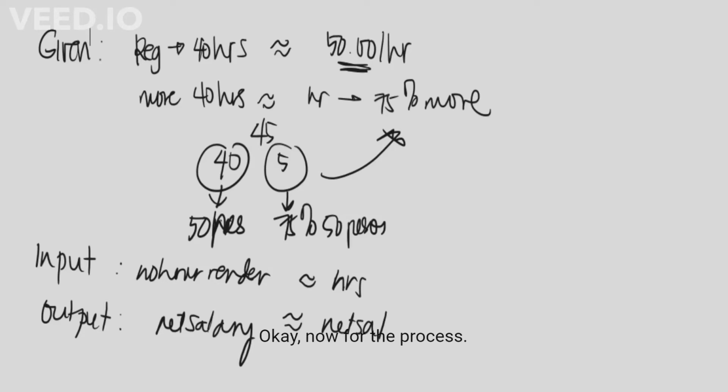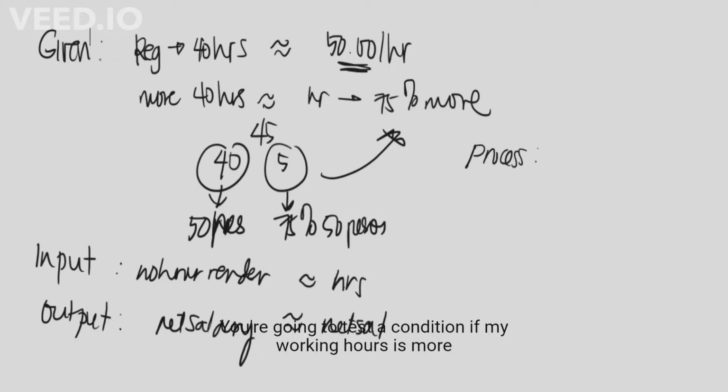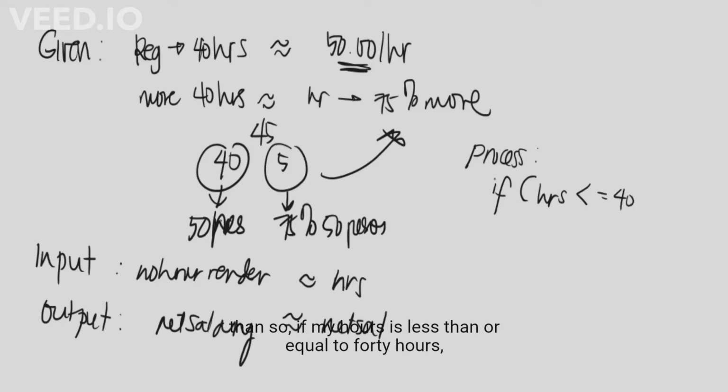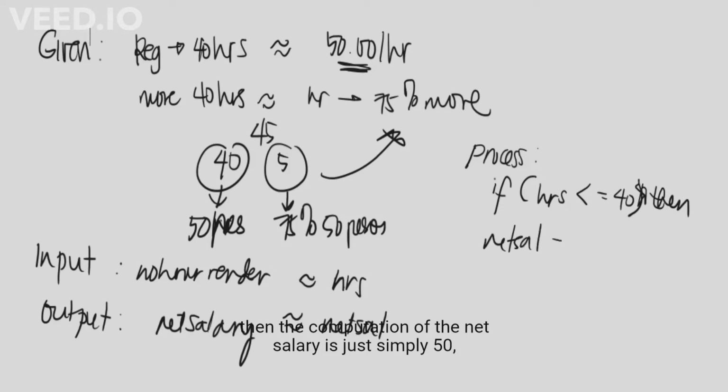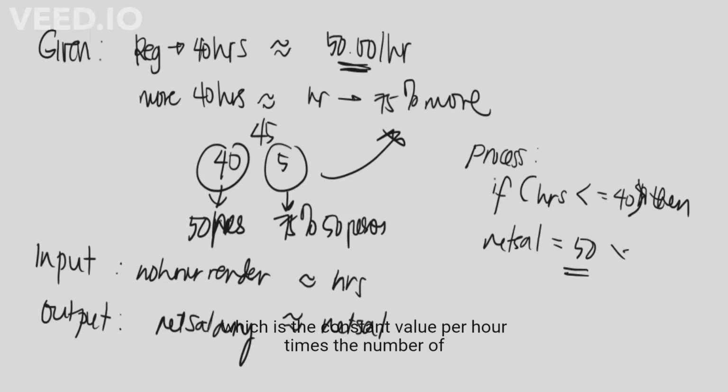Okay, now for the process. So how are we going to do the process? We're going to test the condition. If my hours is less than or equals to 40 hours, then the computation of the net salary is simply 50, which is the constant value per hour, times the number of hours rendered.